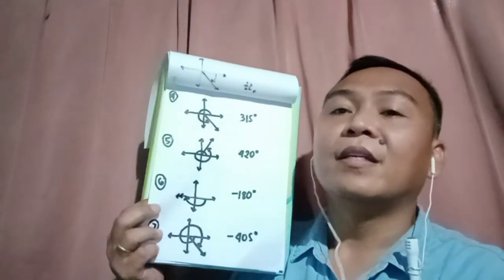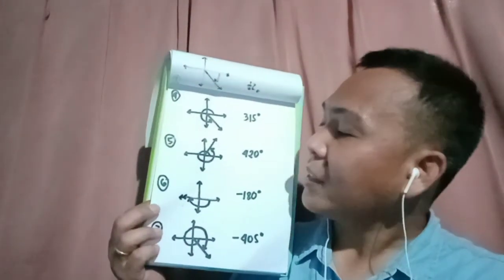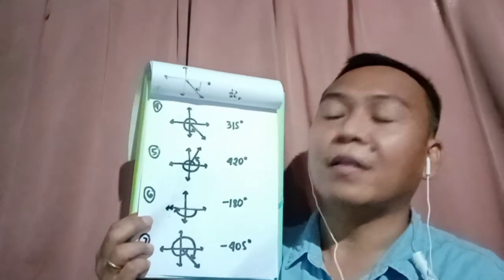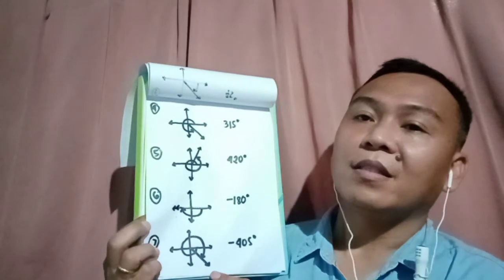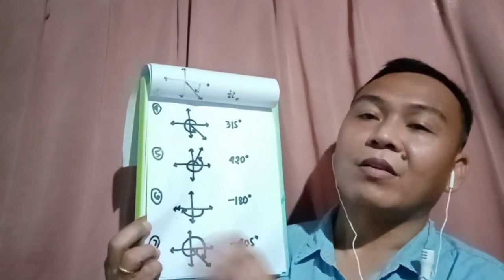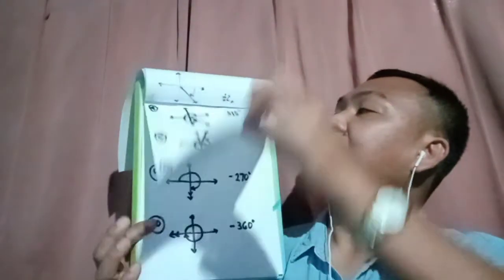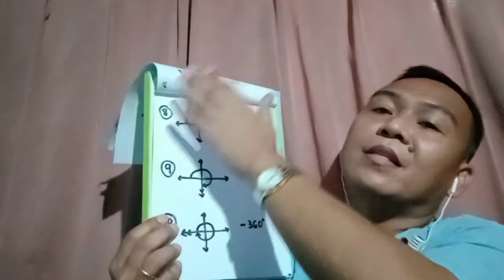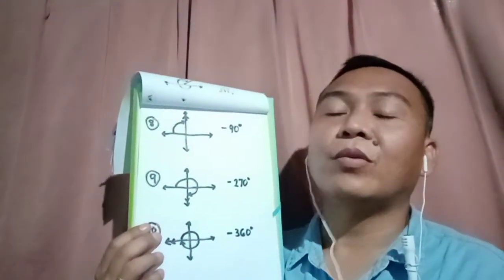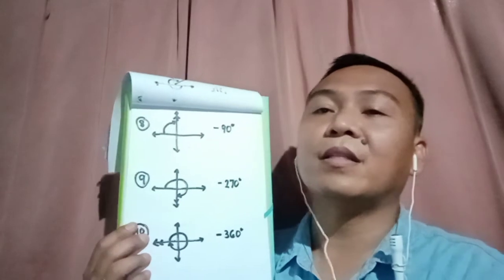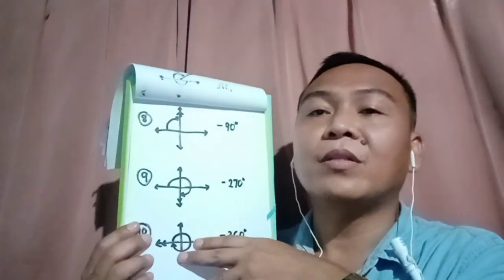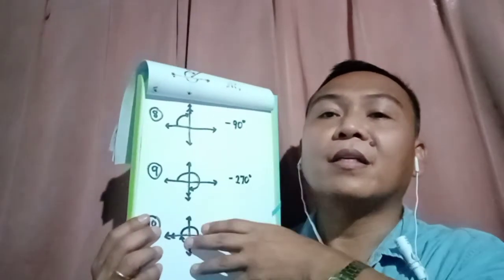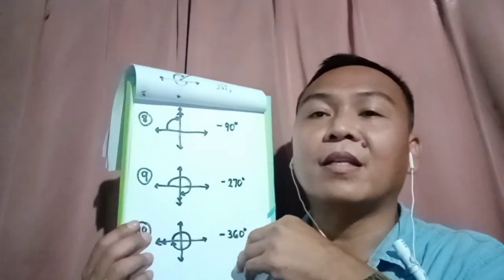Therefore, number 6 is still a quadrantal angle. Number 7, the terminal side does not lie at either the x or y axis. This does not make sense at all to be considered quadrantal angles because these angles are not in standard position. Therefore, these angles are not quadrantal.